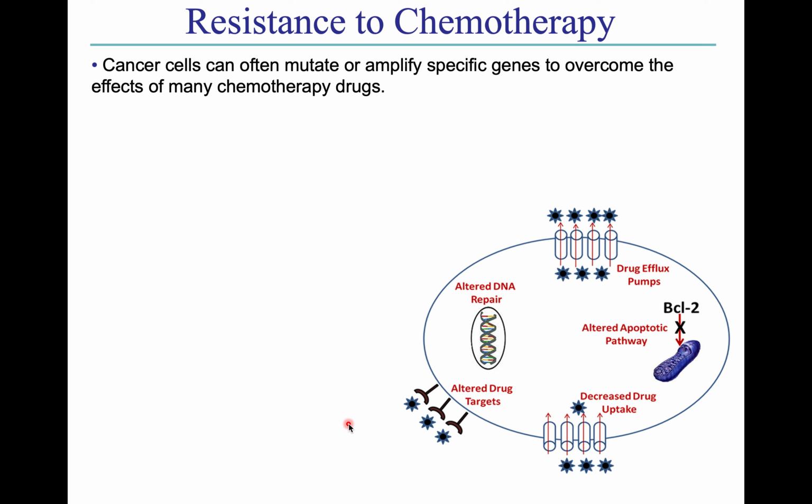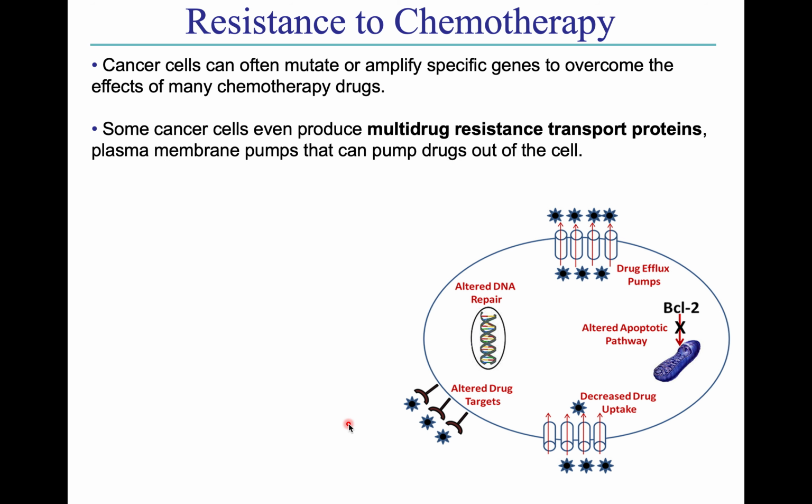So as you may be aware, unfortunately, it's pretty common that cancer cells will develop resistance to chemotherapy as treatment progresses. And there are a number of ways that cancer cells can do this. One very famous way is multi-drug resistant cancer cells.